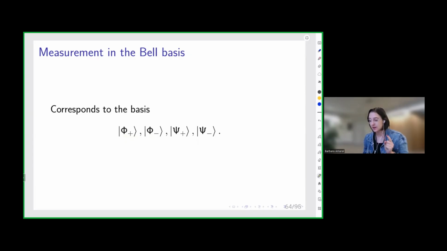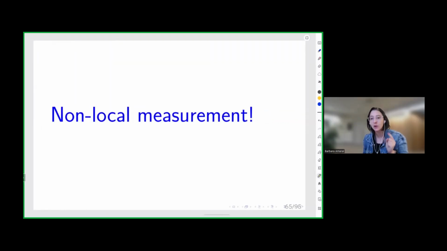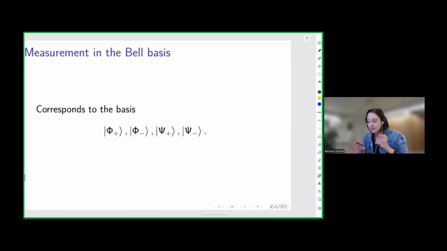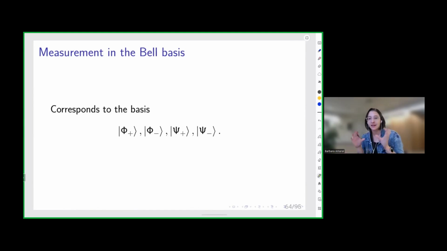Okay, so it's our first example of a non-local measurement. To implement this measurement, an observable that has these eigenvectors. Again, the eigenvalues are not important as long as I have 4 different eigenvalues, one for each of the Bell states. It's really, really difficult, okay?